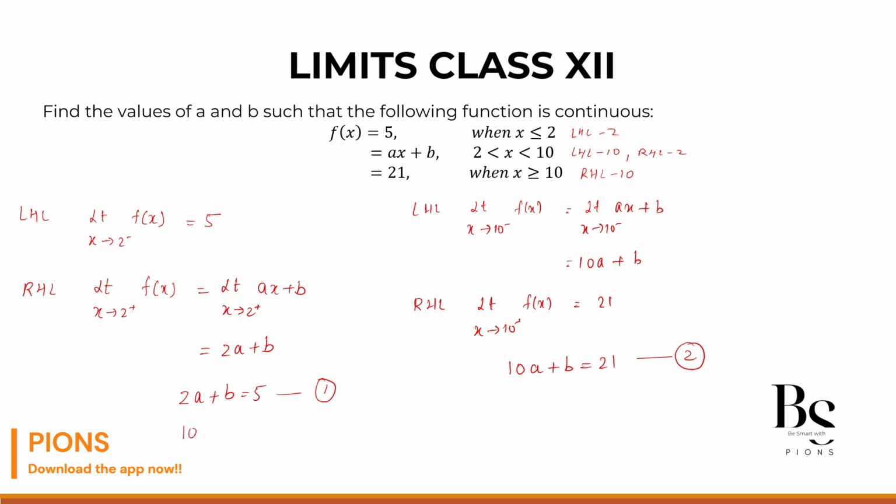Let's multiply equation number 1 with 5. So this will become 10a plus 5b equals 25. And let's subtract it from equation number 2. So 10a minus 10a cancels, b minus 5b is minus 4b, and 21 minus 25 is minus 4.